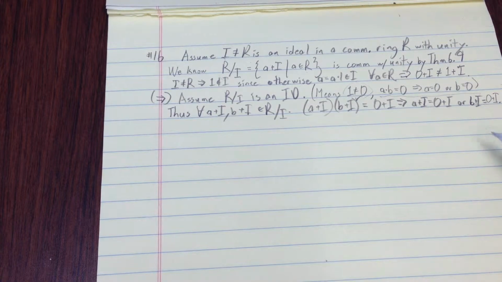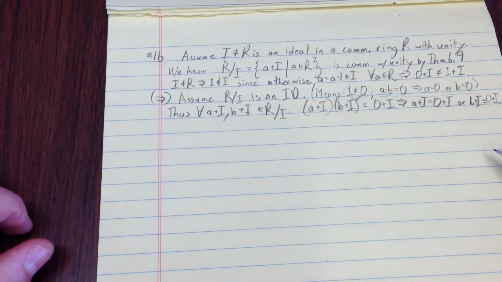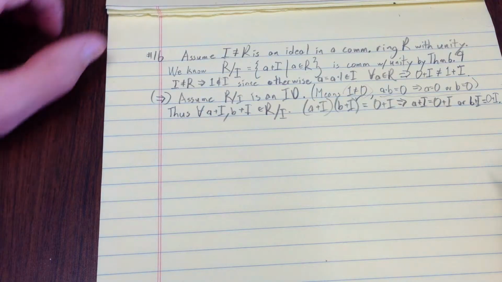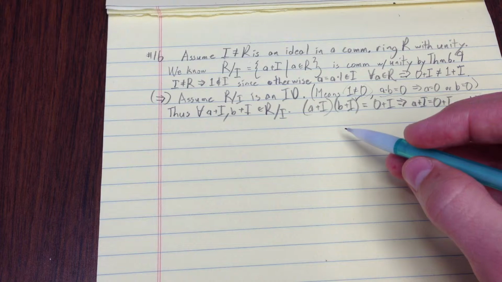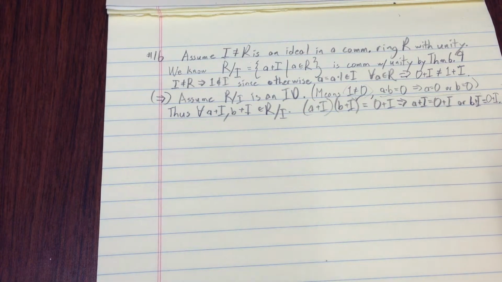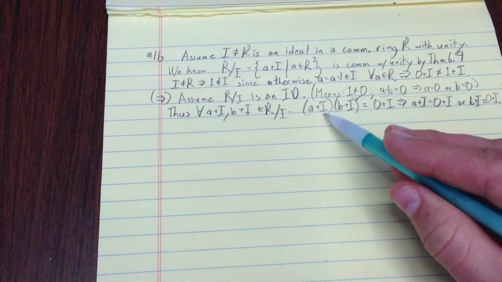Now let's think about what I'm actually supposed to try to prove. I'm supposed to prove that AB in I says something. Let's think about what this is.